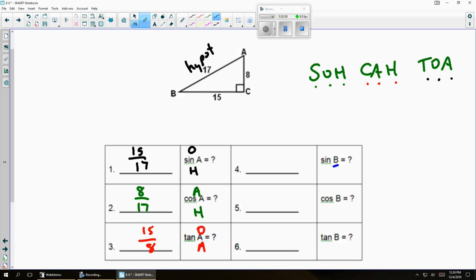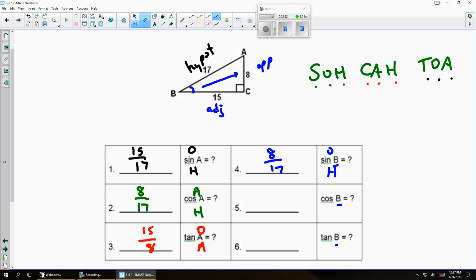So when I look at angle B, this side over here is the opposite, and this side next to it is the adjacent side. The hypotenuse stays the same the whole time. So the sine of B is opposite over hypotenuse. That's 8 over 17.